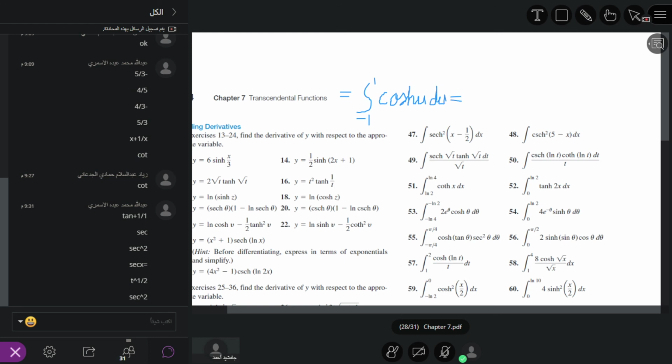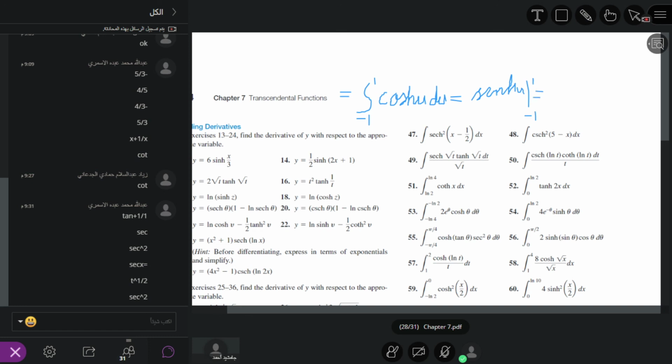Now what is the antiderivative of cosine hyperbolic u? It is sine hyperbolic u. Now lower limit is minus 1, upper limit is 1.